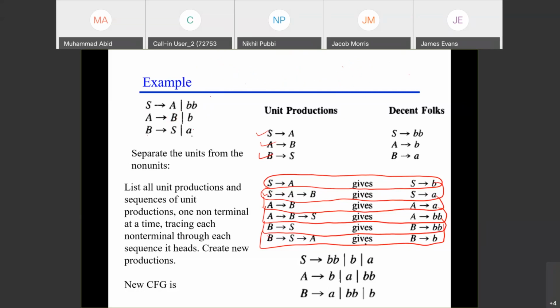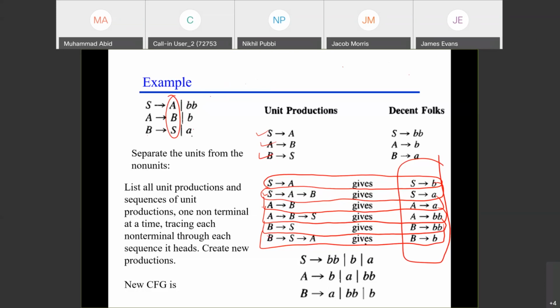Now we will delete these 3 production rules from our grammar, and add these production rules in appropriate places in absence of those unit productions, and this will not give us any deficiency in the grammar. Whatever is possible in presence of those unit productions is also possible now, after adding these additional production rules, in absence of those unit productions.